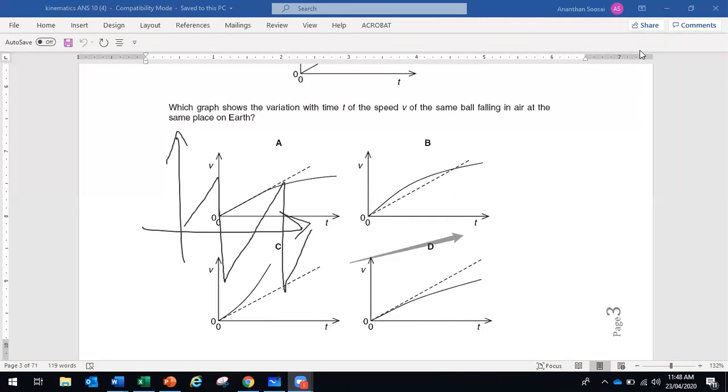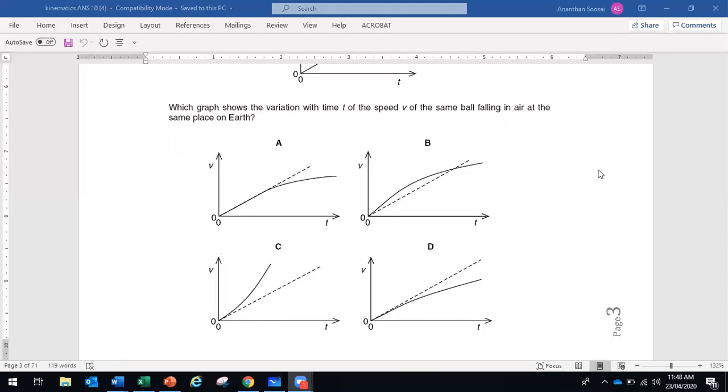Okay, class, please take down the diagram. So A cannot be the answer. D should be the answer, because air resistance already starts to act at the beginning itself. So the velocity will slow down from the beginning itself.